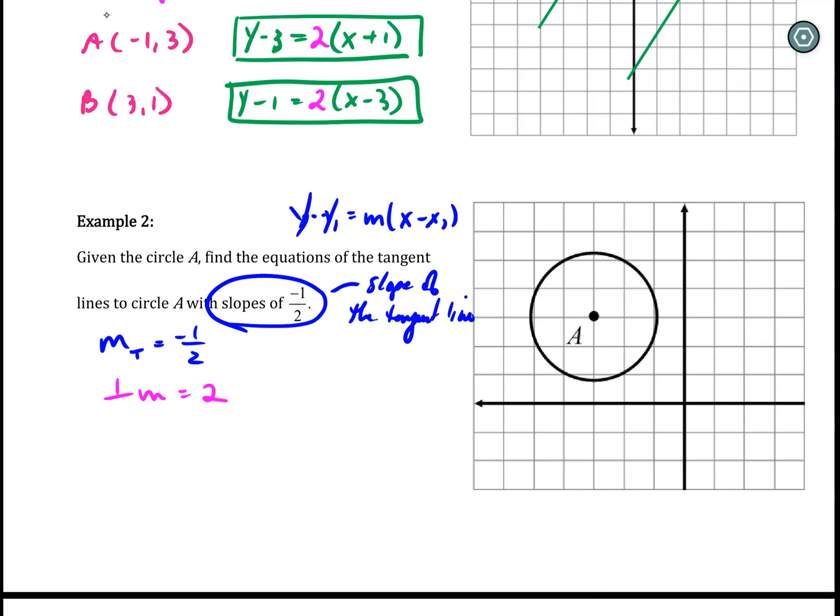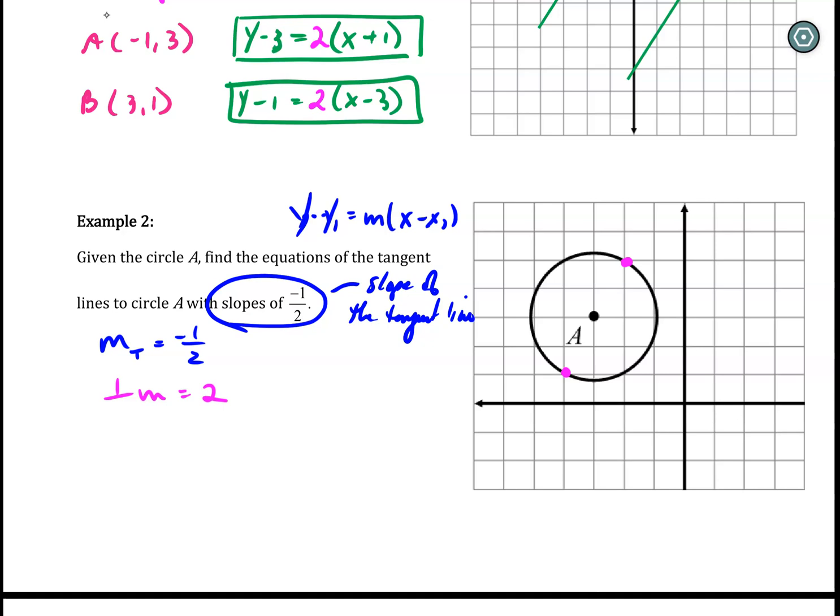So if I go to the center point and I go up right 1, that gives me that point, right? If I go down left 1, that would give me a point there. So these would be now my 2 points that this tangent line would have a slope of -1/2, and that would be this way and this way.